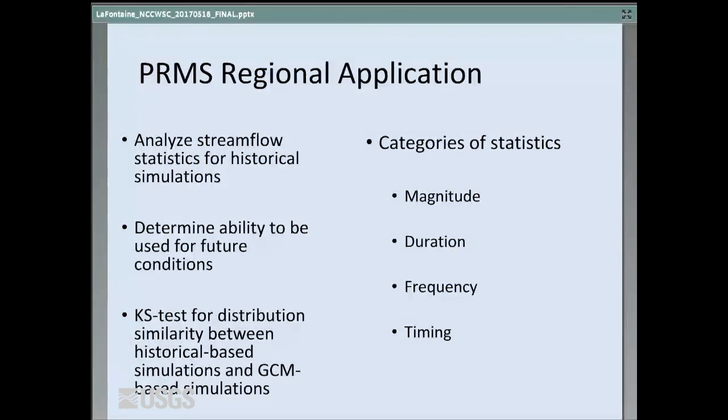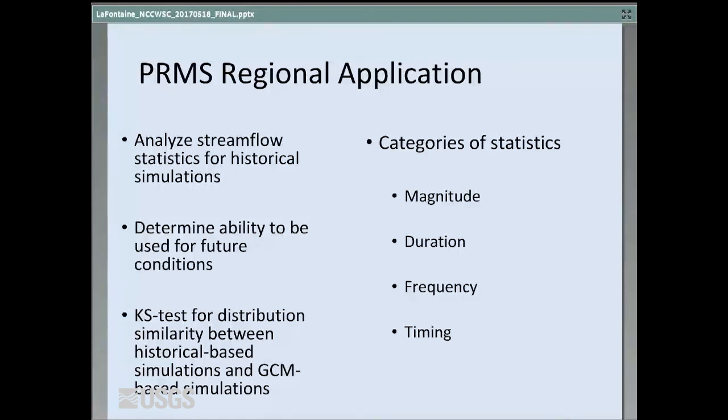So for the regional application of PRMS, what the stakeholders were really looking for here were statistics based on the streamflow time series that they could use based on historical conditions, and then looking into the future as well.